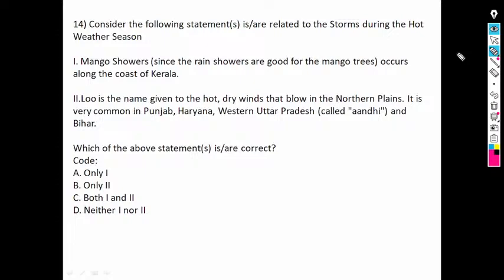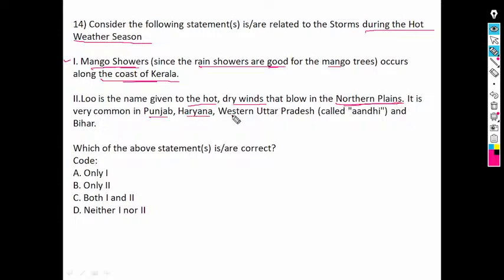Next, consider the following statements related to storms during the hot weather season. Mango showers, since the rain showers are good for the mango trees, occur along the coast of Kerala. Lu is the name given to the hot, dry winds that blow in the northern plains.